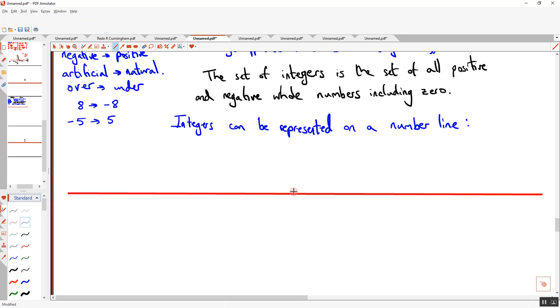And then we're going to have what in the middle? 0. And then we've got 1, 2, 3, 4, 5, 6, 7, 8, 9, 10, and so on. Keeps going on forever. -1, -2, -3.